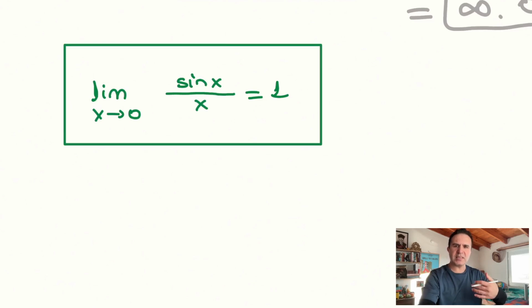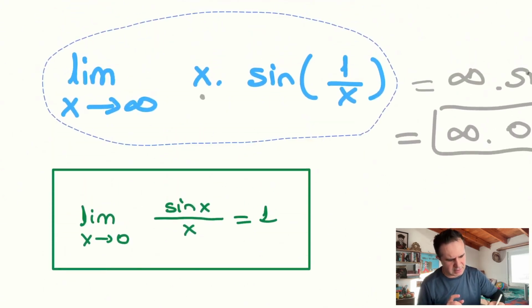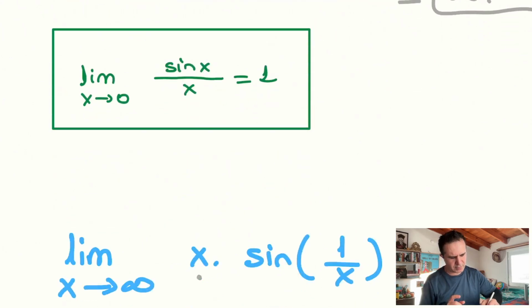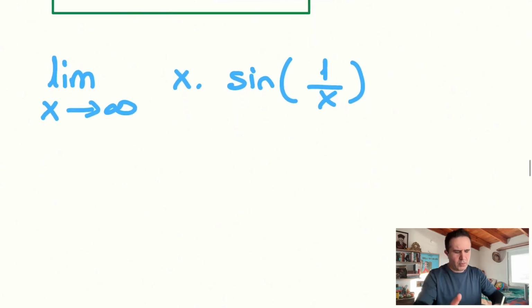Whenever you see a sine function, look at the expression inside the sine. Here we have sine 1 over x. For the standard trigonometric limit, the denominator must contain the same expression as the sine has.